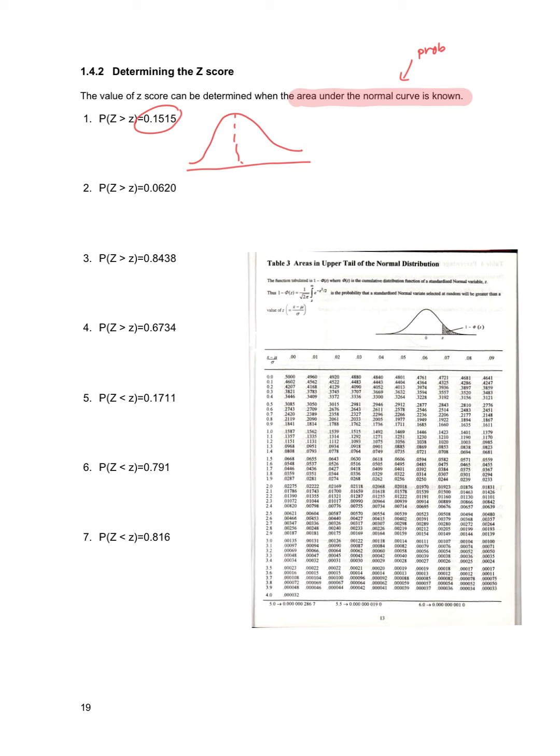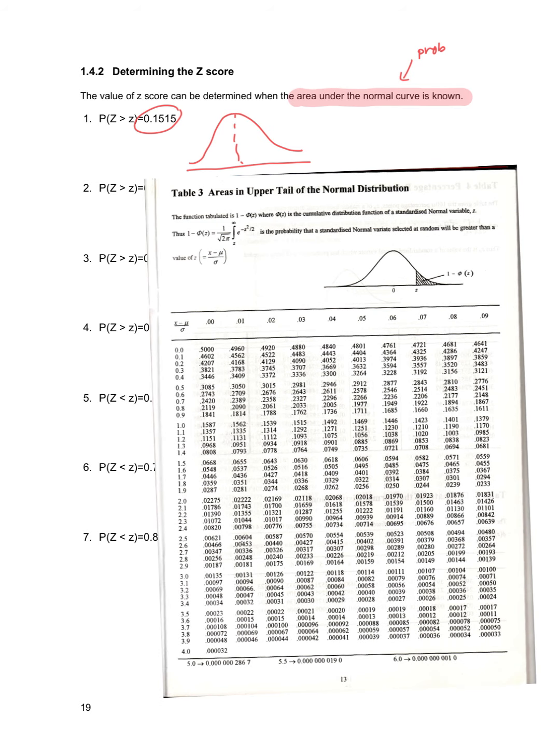Cuba tengok dekat this table, the normal probability table. Cari value 0.1515 dekat dalam dia. Okay, 0.1515 kita jumpa dah, dia dekat sini. So baca value z dia berapa.